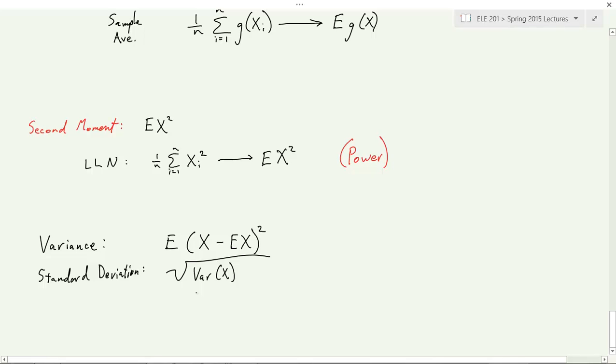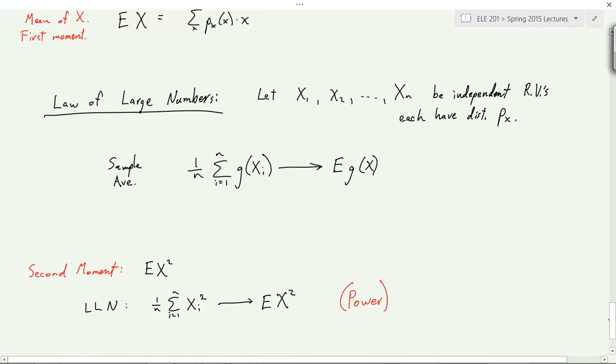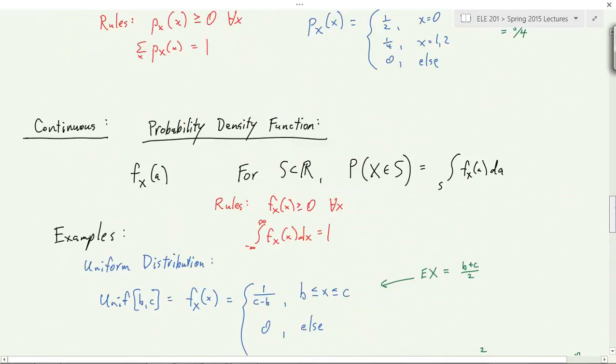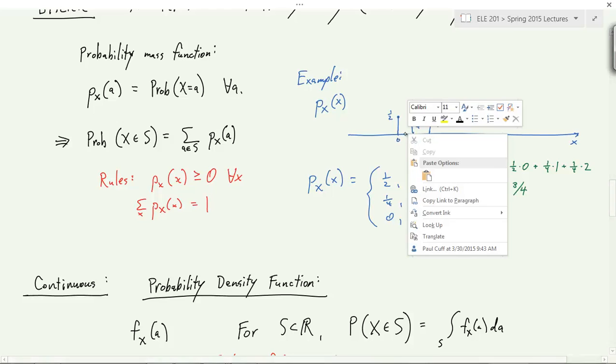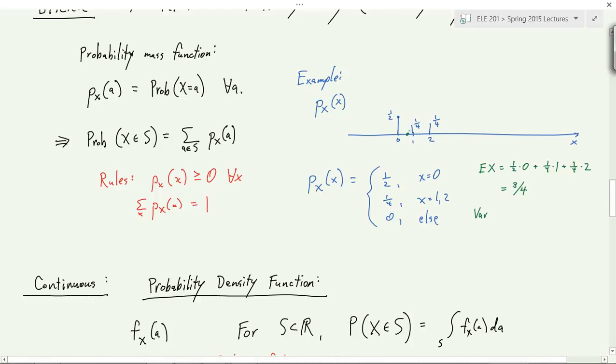Okay, so let's just go back and look at these examples again, for the distributions I've given you. For example, we have the variance of this random variable. We already have the mean, right? We calculated the mean to be 3/4. So for the variance, we subtract the mean.